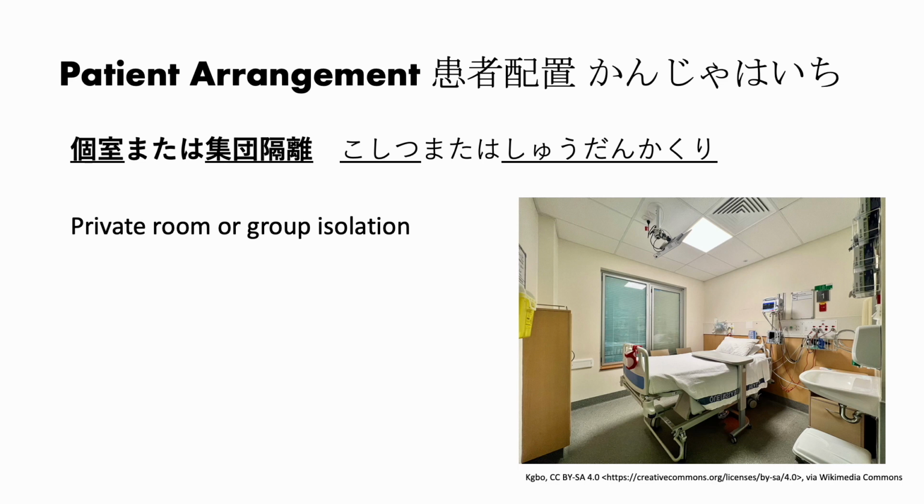Next, we have patient arrangement, or 患者配置, which is how patients requiring contact precautions are housed in hospitals or healthcare facilities. So the policy for patient arrangement in regards to patients requiring contact precautions is 個室または集団隔離, which means private room or group isolation. So patients requiring contact precautions have their own room or in a shared room with other patients requiring contact precautions to prevent infecting people that aren't infected.